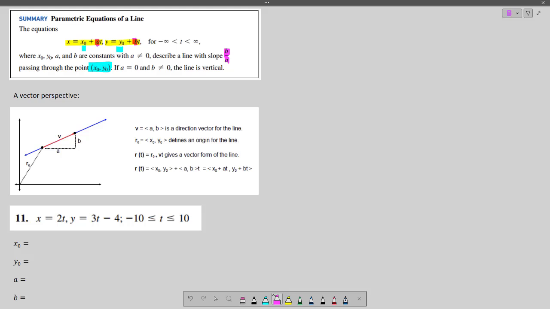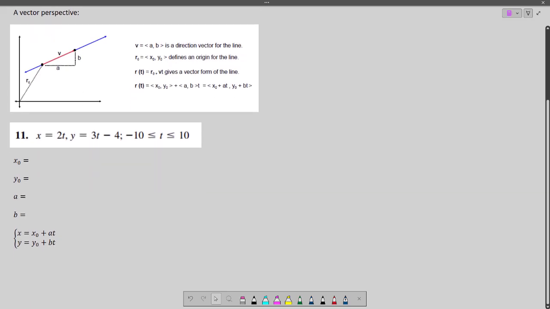So b over a is going to be the slope of the line. And again, you can imagine writing b over a in different forms. You could have 3 over 1 or 6 over 2, different forms that would reduce to the same slope overall. So before we look at the vectors, let's try one of these using that concept up above.